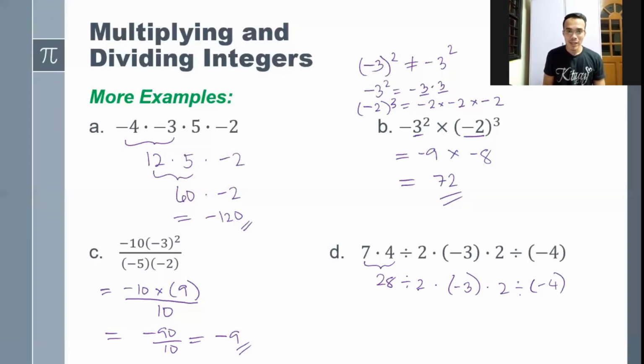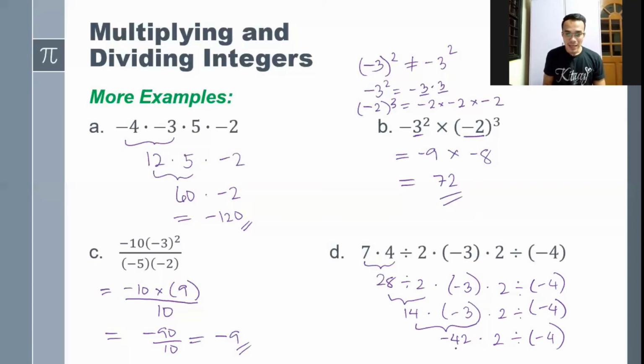Next, 28 divided by 2 is 14 times negative 3 times 2 divided by negative 4. Next, 14 times negative 3 is negative 42. We're multiplying two numbers with different signs. Times 2 divided by negative 4.